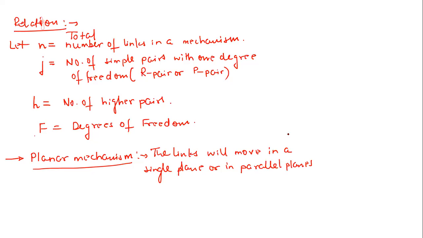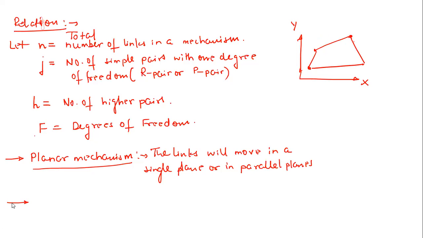Generally the idea is that you can define the motion of the links of a mechanism in a single plane, so either you take the xy plane, or the yz plane, or the xz plane. It is possible to define the motion of all the links in a single plane only. This is generally referred to as a planar mechanism.